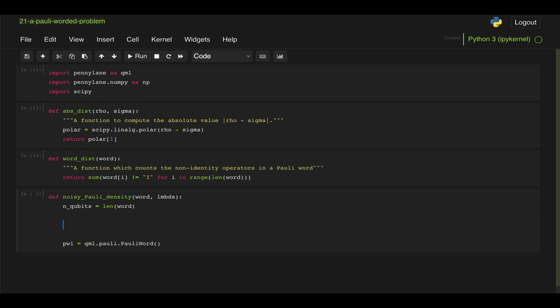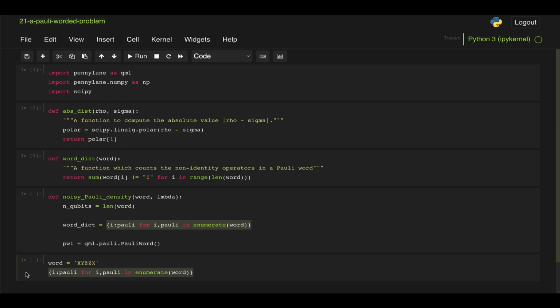Let's call it word_dic. We're going to use a dictionary comprehension where the key is going to be the number in the Pauli word, and the value is going to be the letter of that Pauli word. So let's take this and put that in another cell, and let's do an example here where our word is, for example, XYZZX, and see what this generates.